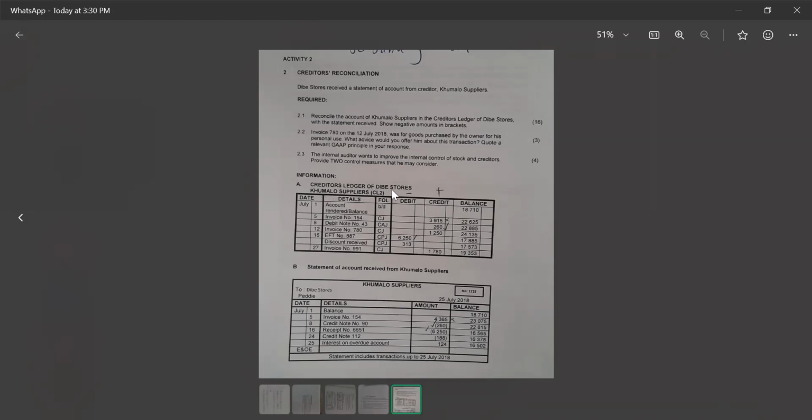A creditor's ledger of debtors means debtors is the one that created these records, this information that we see in the ledger. So yes, we, the debtors, are the ones who created the creditor's ledger. Absolutely. That is us right there.